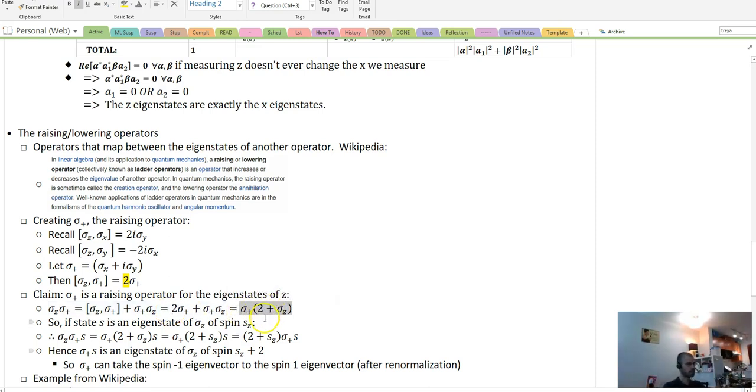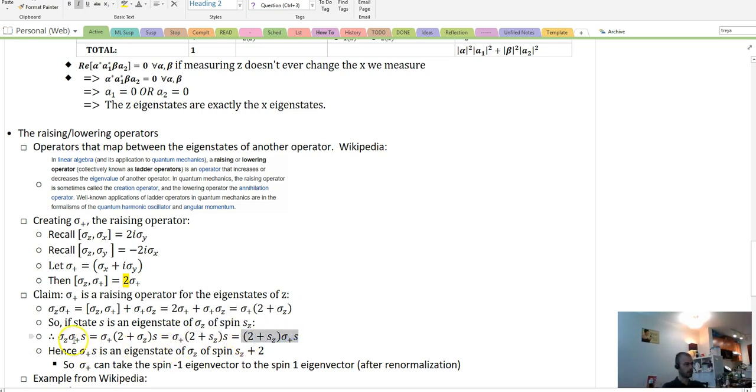If we apply this to an eigenstate of sigma z, so here S is an eigenstate of sigma z, then we just derived that this is equal to that. And then sigma z will just give us back the spin of that eigenstate times the state back, right? And then now these are just numbers, so we can bring this in, and so we get that.